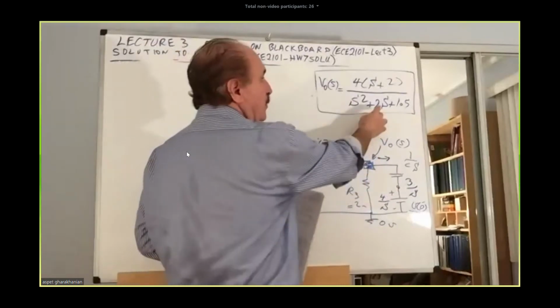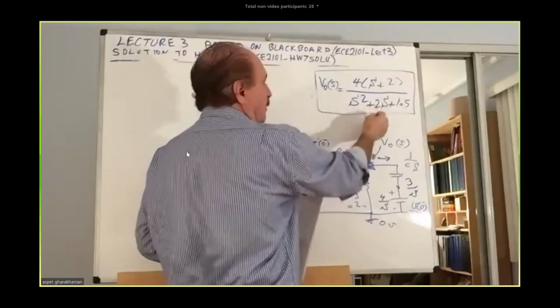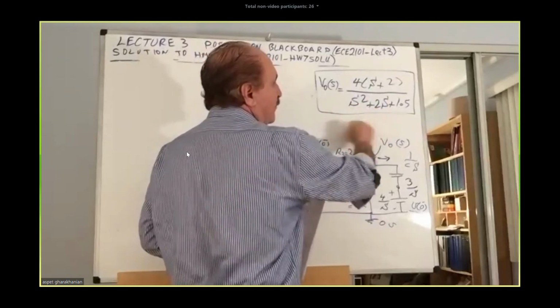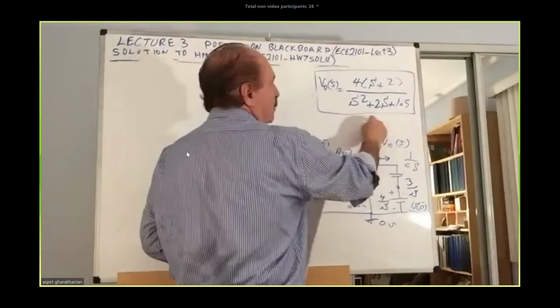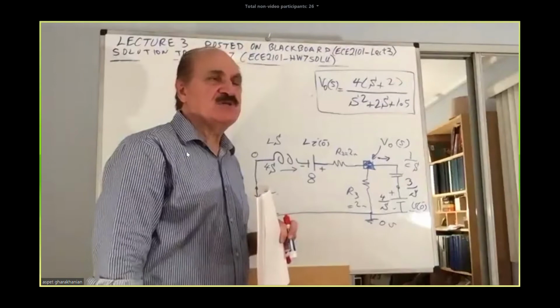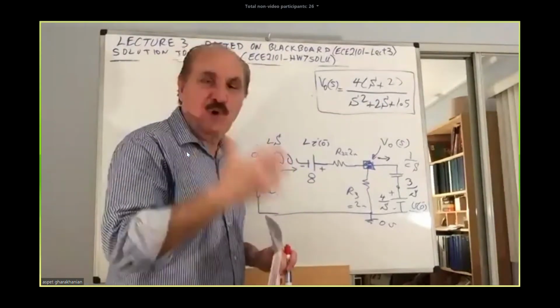How do you know? Get the delta of the second-order quadratic function. So 2 squared is 4, minus 4 times 1.5 times 1. So it is 4 minus 6. The square root of 4 minus 6 is an imaginary number, so you have complex poles.